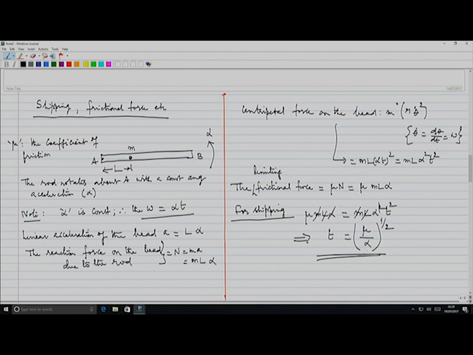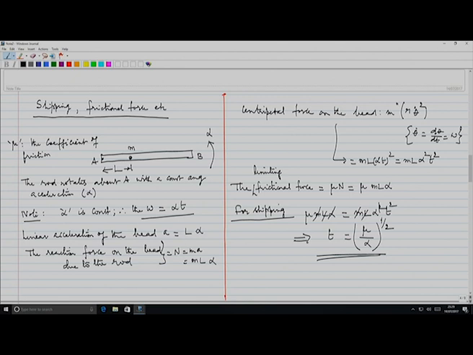So what are the concepts tested in this problem? First thing is, you should realize that since alpha is constant, omega is not constant. Many students by default will draw an arrow around the rod rotating and take omega to be constant, which is wrong.